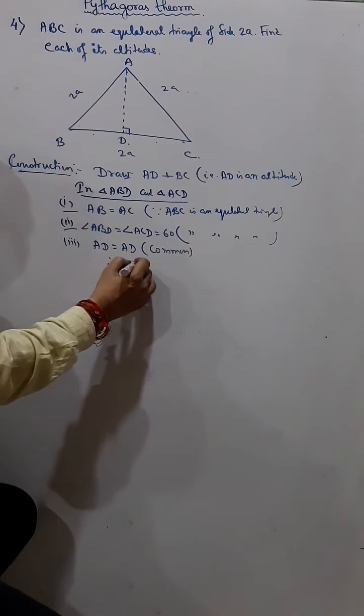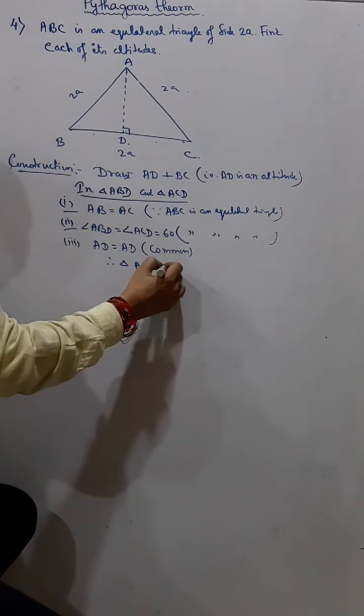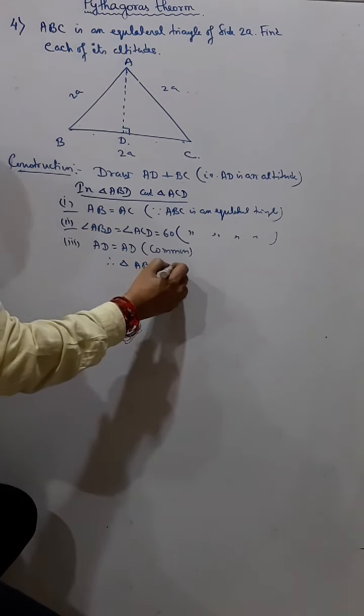Therefore triangle ABD is congruent to triangle ACD.